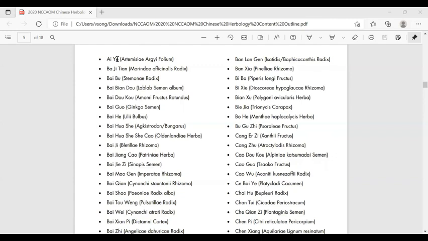we're looking at here is 艾叶. Just like I've mentioned, first we want a good identification of the structures. Where does the herb come from? 艾叶 is the one that we learned from the stop bleeding category, right?